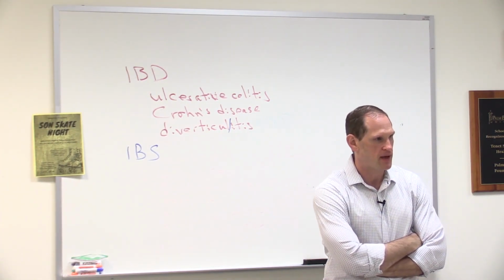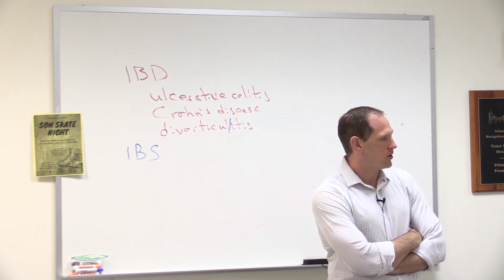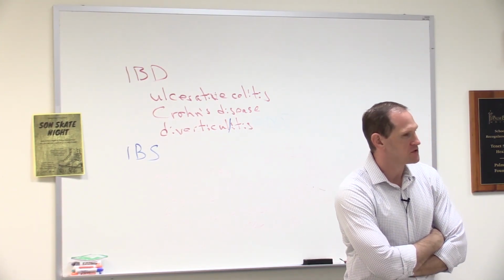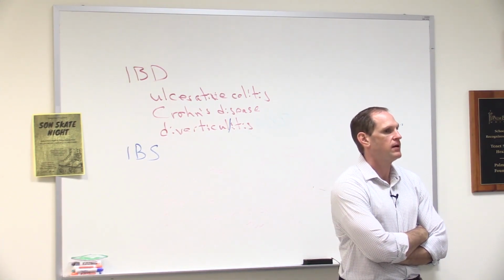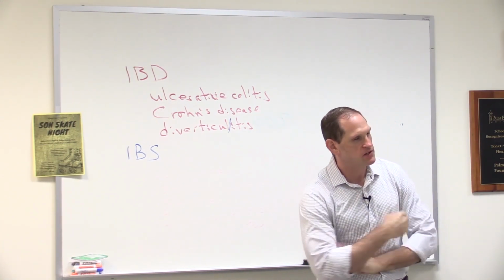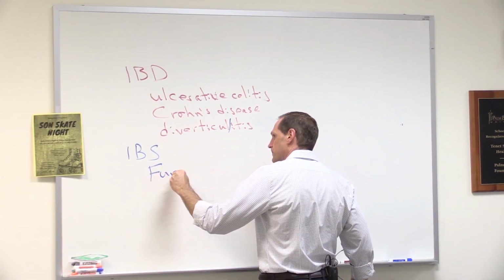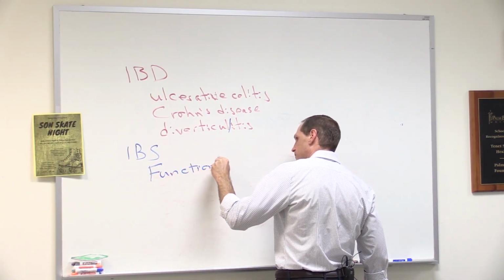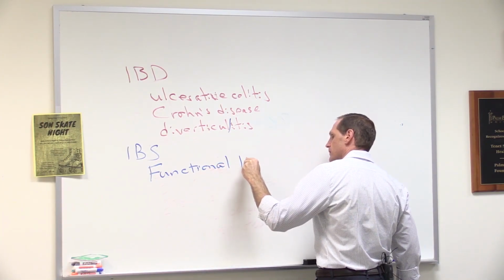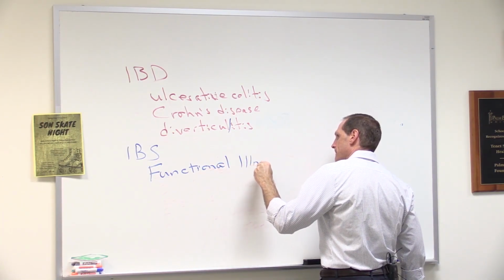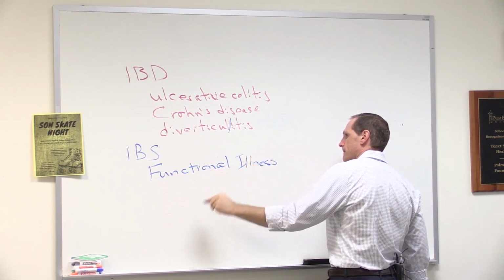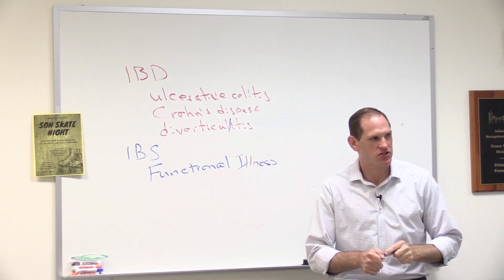in IBS. So if you do a colonoscopy, what does the colon look like? Completely normal. So it is called a functional illness. What does that mean? What is a functional illness?